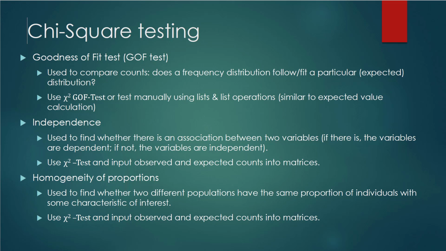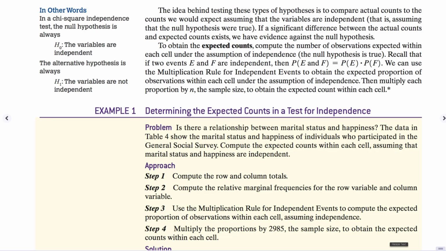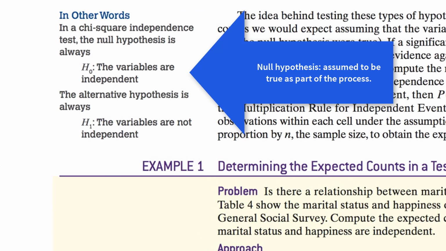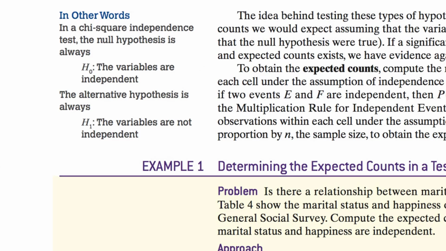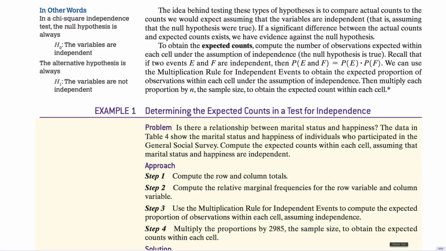Now, one thing that's important to remember, when you do a hypothesis test, we assume that the null hypothesis is true as part of the process. So when we do this chi-squared test for independence, the null hypothesis is that we have independence, and we are assuming that that is true as part of the process.